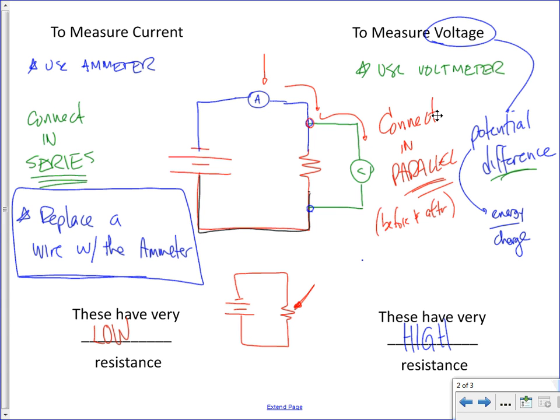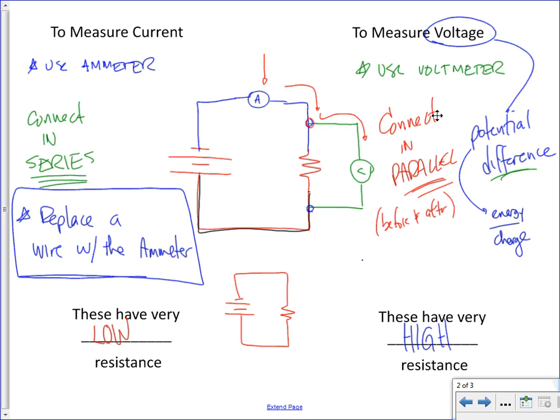So it's a little bit of trivia, but it does have a basis in understanding what measurements we're making and how we make those measurements without changing the system we're trying to observe.